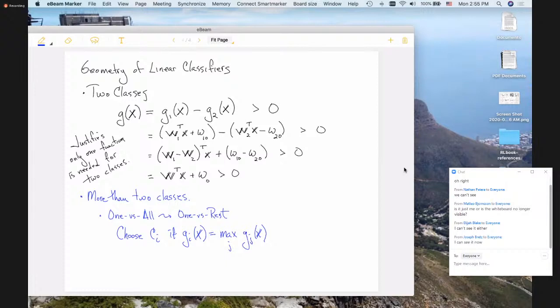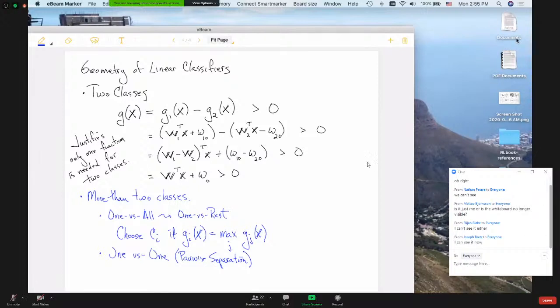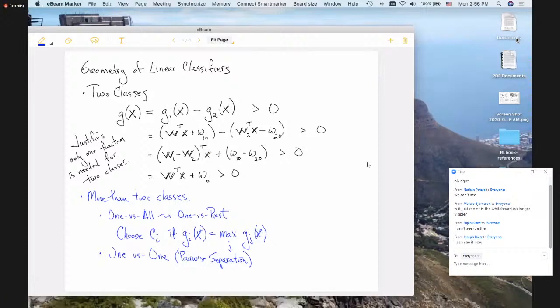Another approach is to say, well, this one versus all is losing too much information. So as an alternative, we can apply a strategy that's referred to as one versus one, or sometimes called pairwise separation. So the idea here is that you're going to learn a single linear classifier for every pair of classes.